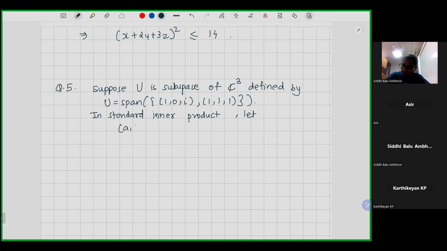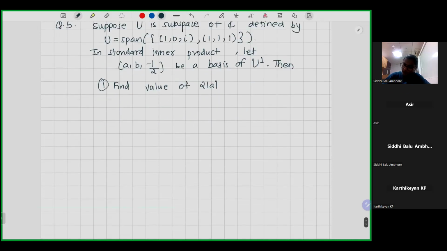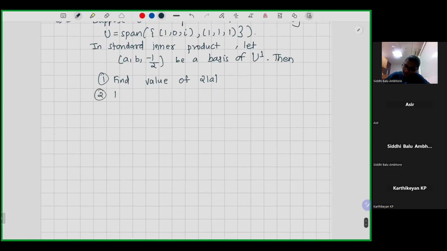Let (a, b, -1/2) be a basis of U perp. Then first find the value of 2a and second find the value of a square plus b square.